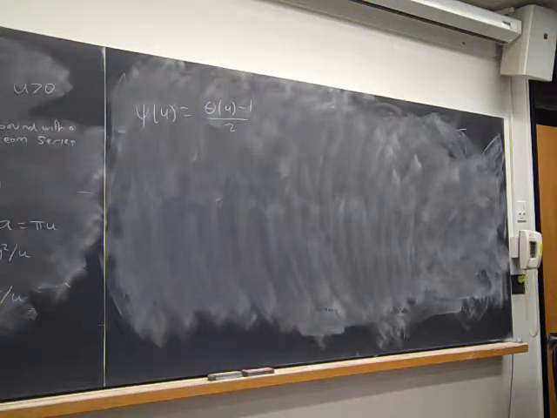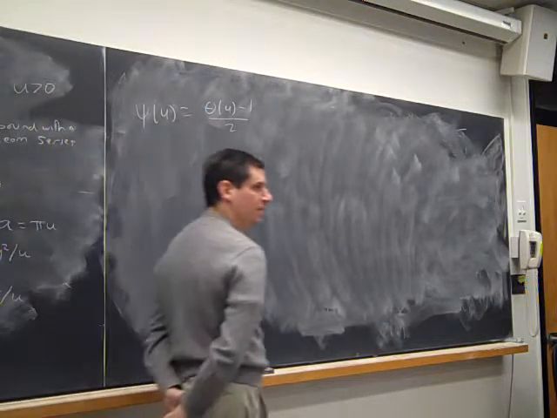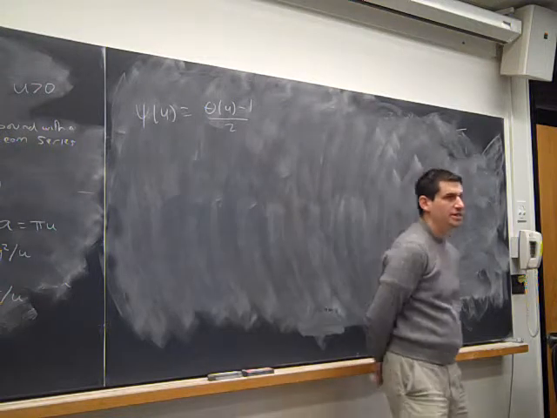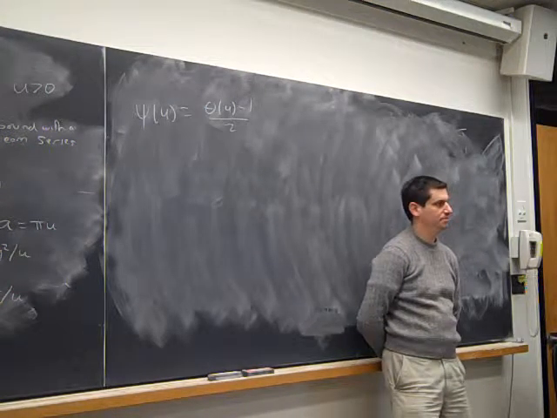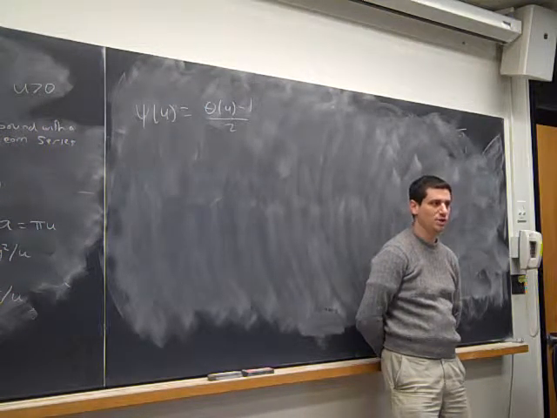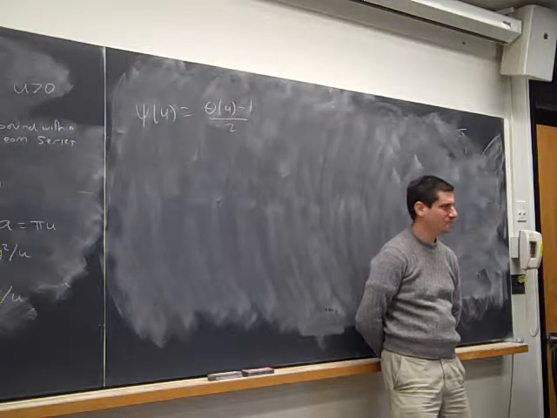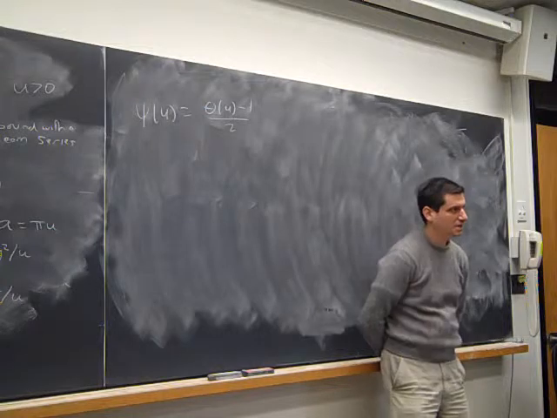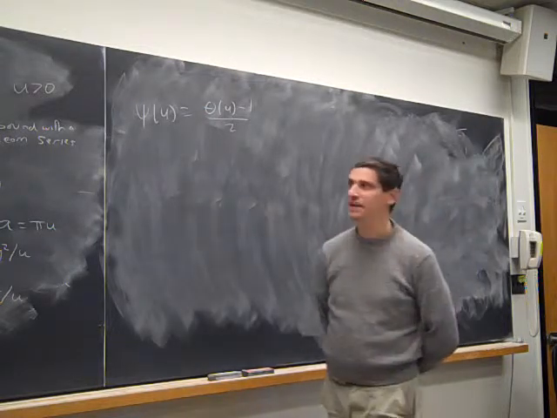Can someone tell me why this might be a good thing to look at? The hint is it gets rid of some asymmetry around 0. There's an asymmetry in theta.